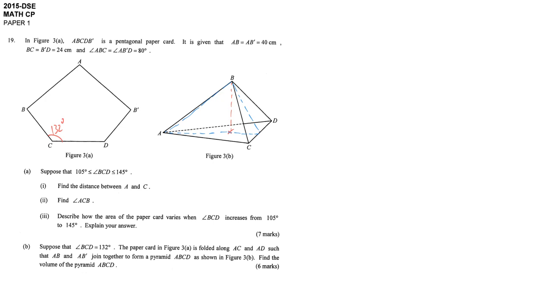One thing very important is this shape is symmetric, which means that the height, the projection of B onto this plane, must lie in the middle of this triangle, which means that the blue line, if we connect it, will bisect CD. It is very important, and it is also perpendicular to this foot.